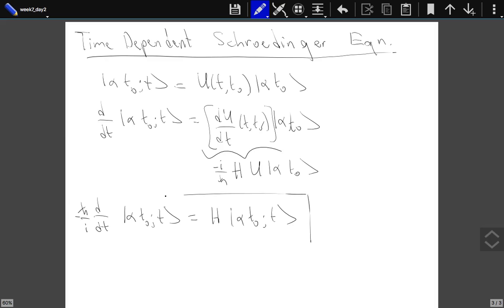So this was the Schrödinger equation in a sense, in terms of my time-dependent kets.